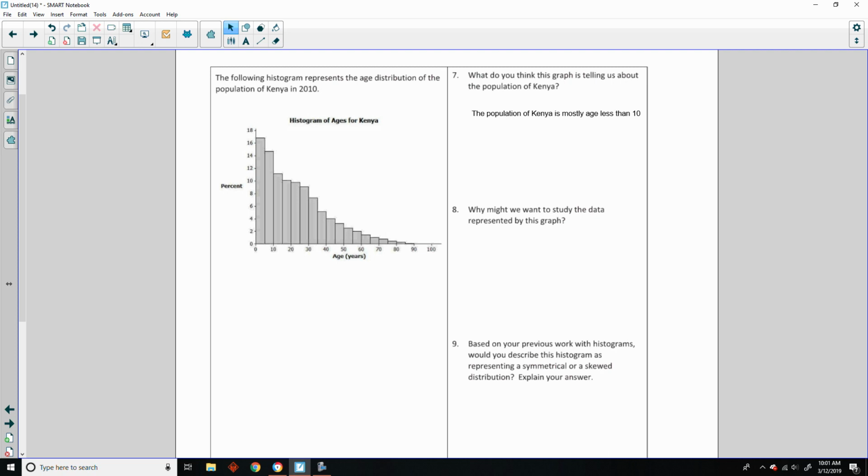Okay, so why might we want to study the data represented by this graph? Okay, it seems that the population is young, meaning people don't live long.